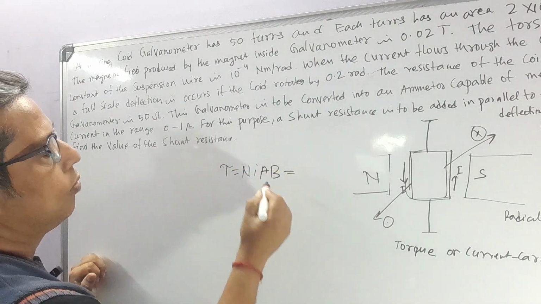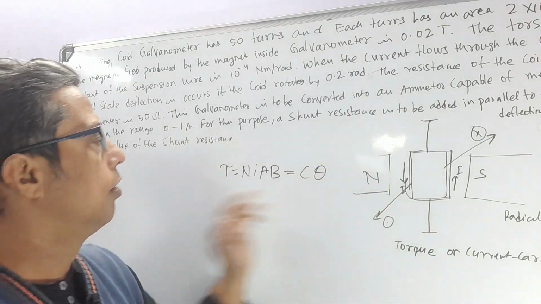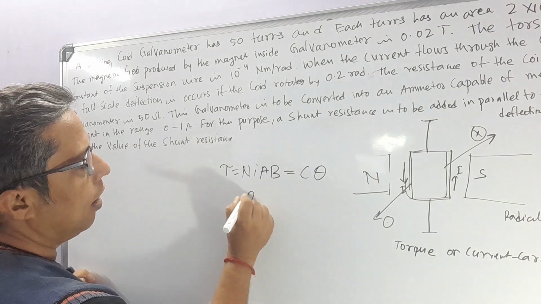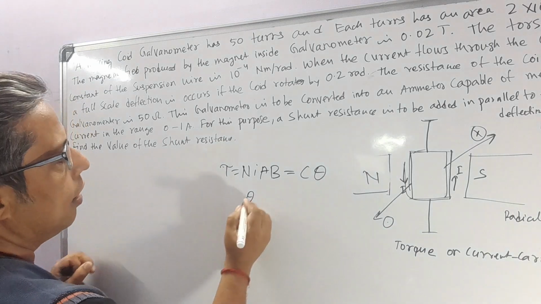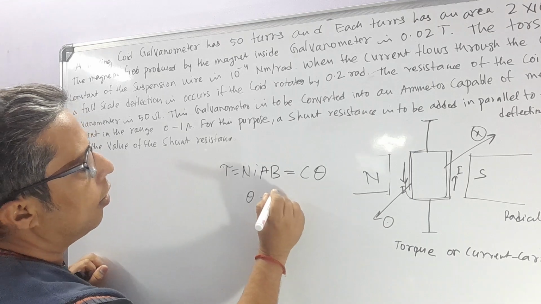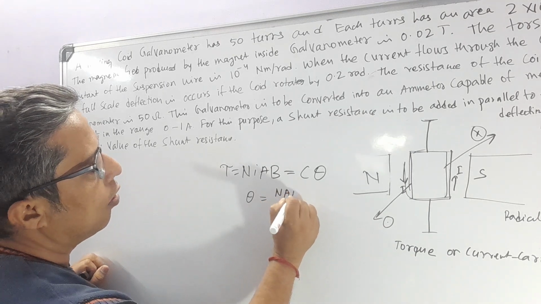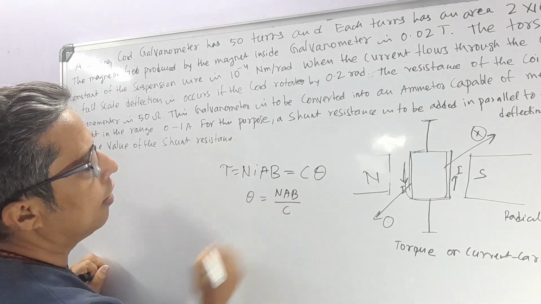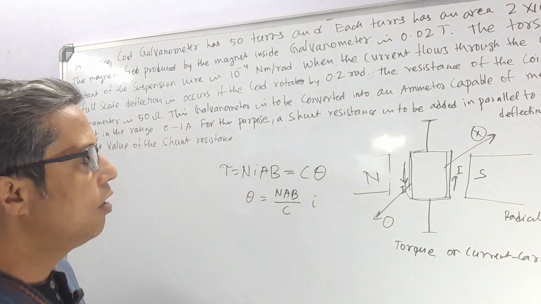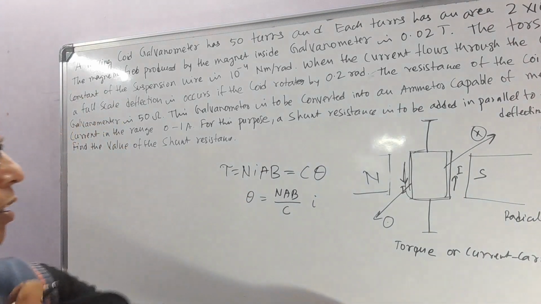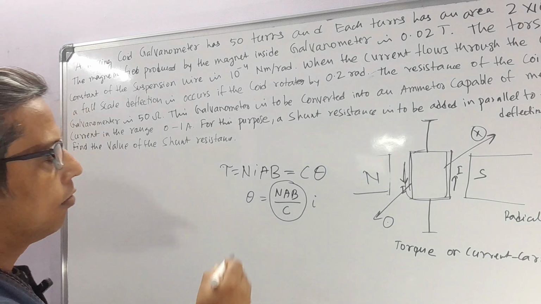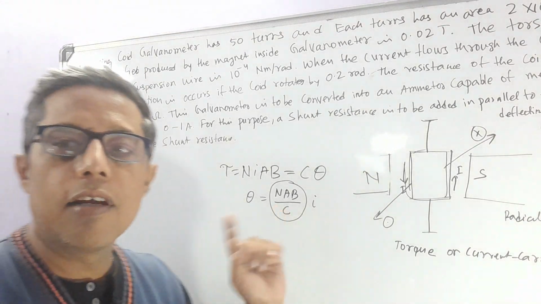Now the equation. In equilibrium, the deflecting couple NIAB will be balanced by the restoring couple. So theta is equal to NAB by C into I. This deflection depends on the current I, and this part will be constant, which we call K, the torsional constant.